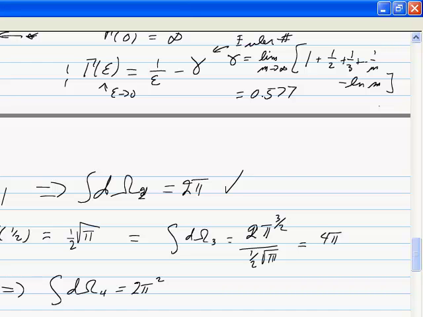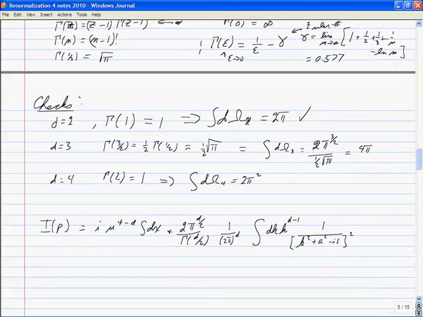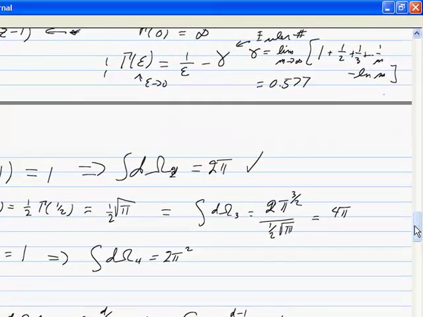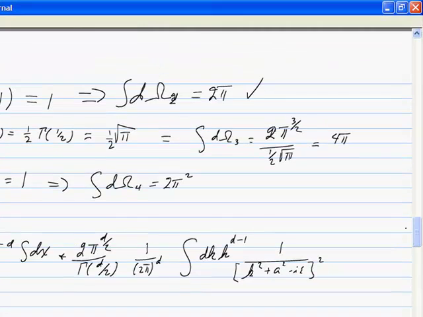Yeah, maybe we should carry it along. Squared. Okay, so that's then an easier integral to do.